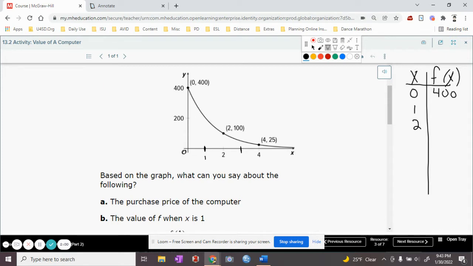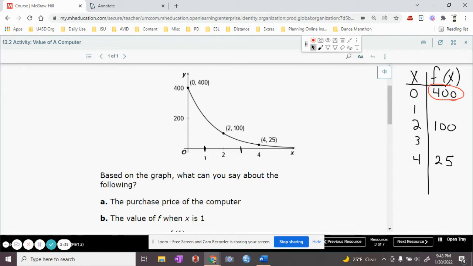However, we do have an ordered pair for year 2, and we do have an ordered pair for year 4. So let's see if we can determine our purchase price of the computer. That is another way of asking for our starting value. Our starting value is 400. In year 0, that's the moment we buy the computer.